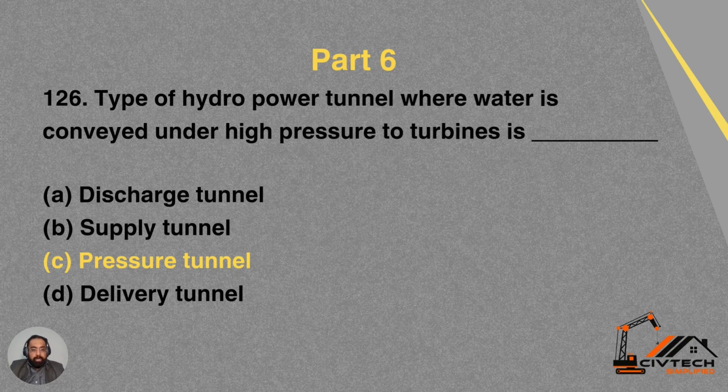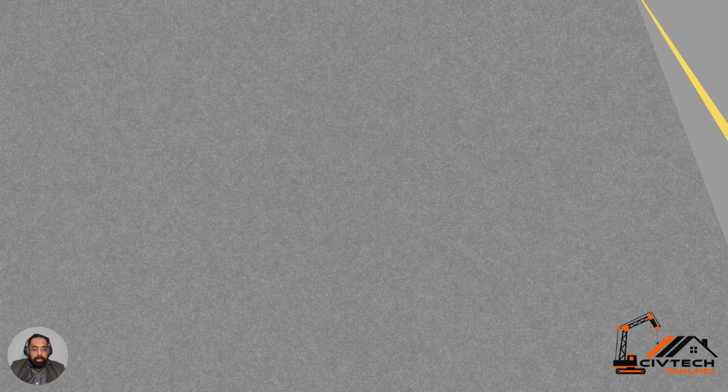So it's the pressure tunnel, which is a type of hydropower tunnel, and it is used to supply water at high pressure to run the turbines and generate electricity. This tunnel is used in hydropower electric stations. So C is the correct answer.